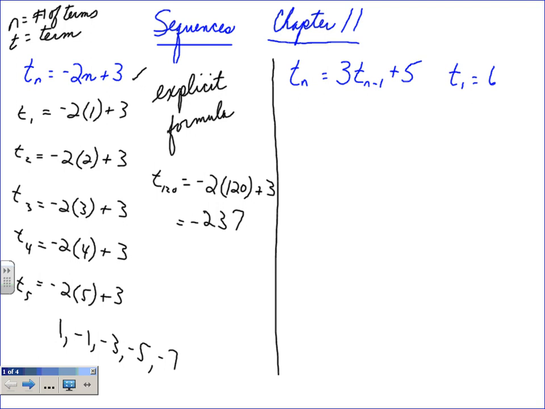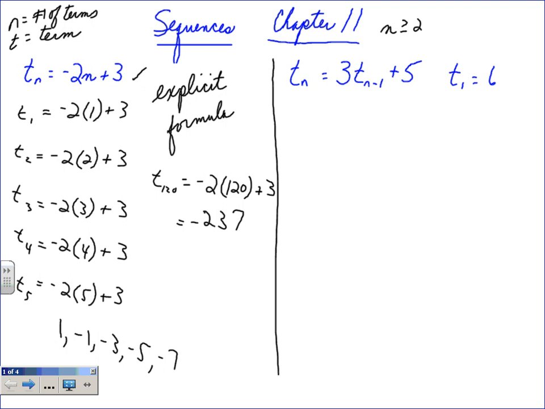Okay. Let's take a look at the next example I have up there. Find the first 5 terms. Notice I gave you the first term. Okay, so we're going to have to start with 2. So that n is going to have to be greater than or equal to 2.